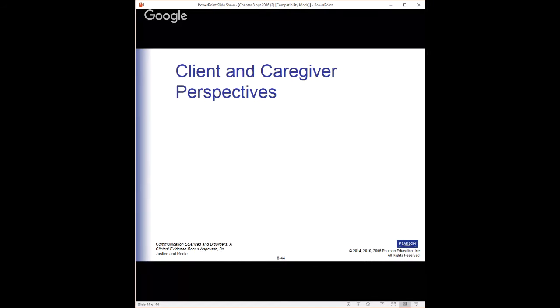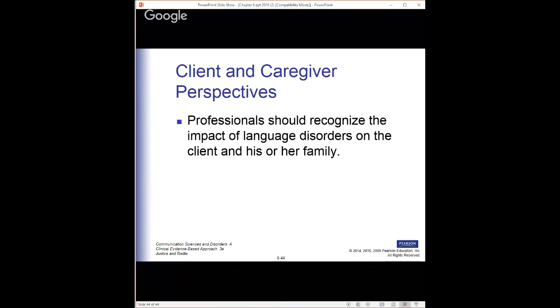Client and caregiver perspectives. This is definitely something that you're going to want to look at as professionals, and that professionals should recognize, because the impact of language disorders on the client and his or her family is going to be something that will need to be addressed.